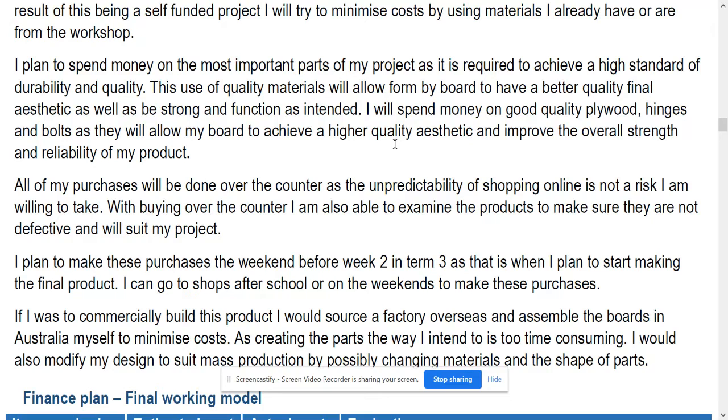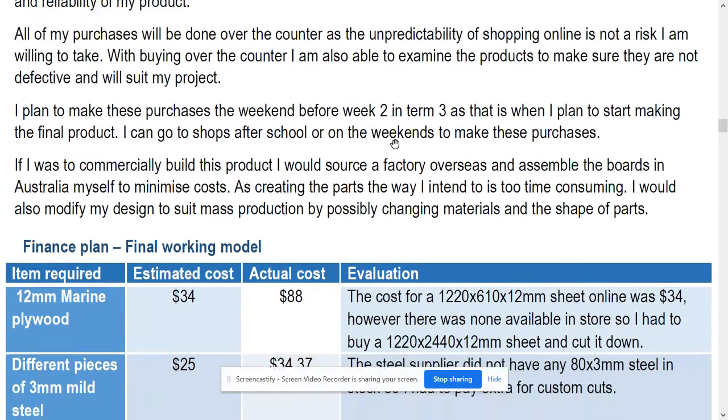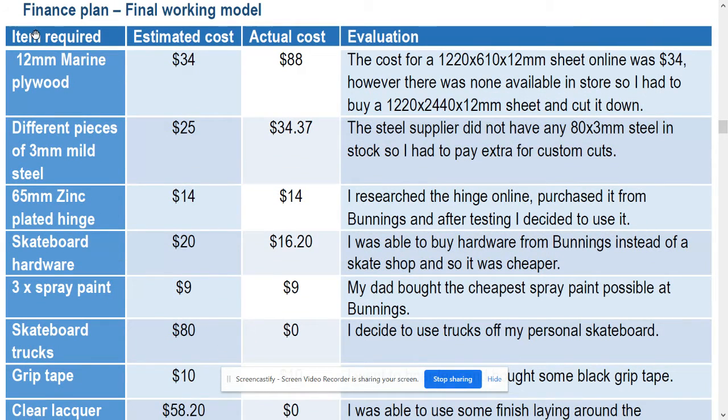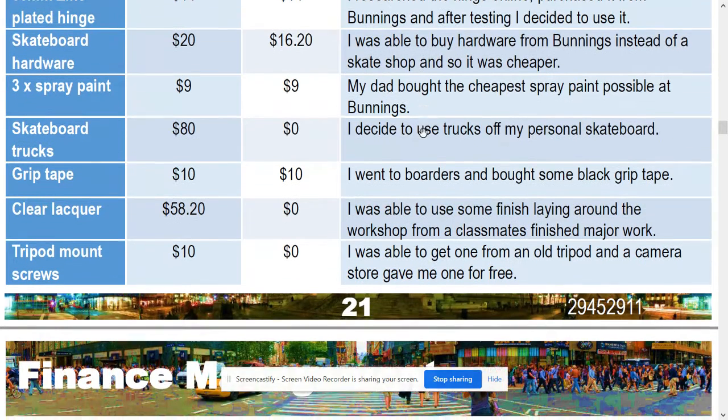He's talked a bit about the finance plan, why it was important, what sort of purchases, what was needed, what wasn't. And then he's given the items required, the estimated cost, the actual cost, which may be different, and evaluation. It's always easy to evaluate the difference between the estimated and actual and why that happened, and included every single thing that he needed to do that.